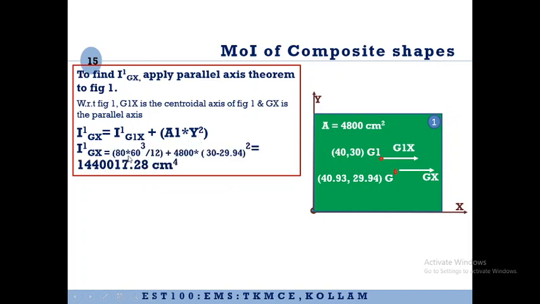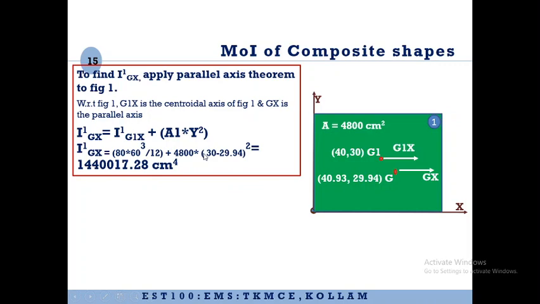So if we apply this, that is 80 into 60 cube divided by 12, that is BD cube by 12, plus area 4800 into distance between the two axes square. The distance between the two x-axes is simply the difference of the y coordinate of G and G1, square. So we will be getting the value as this.